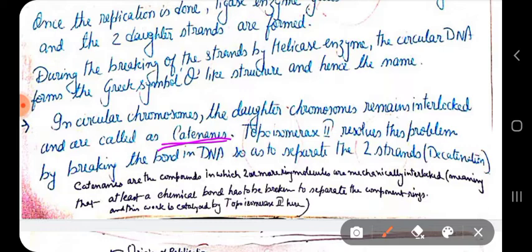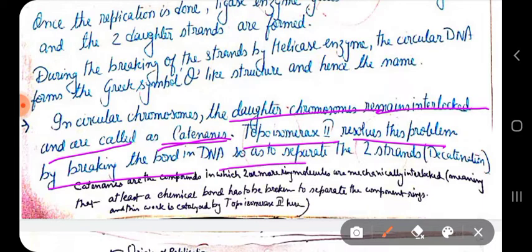Also, when catenation has occurred and the daughter chromosomes remain interlocked, they have to be separated and distributed between the daughter cells, so topoisomerase 2 solves this problem by breaking the bond in the DNA so as to separate the two strands.